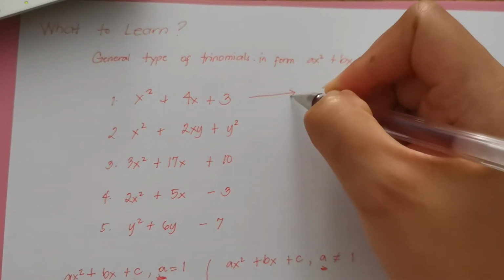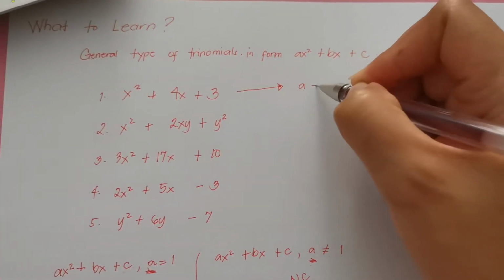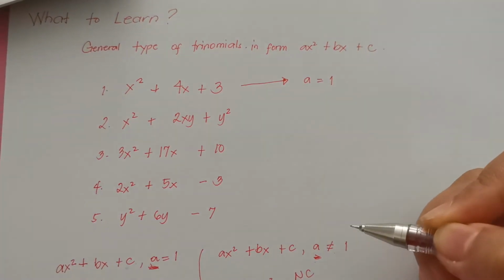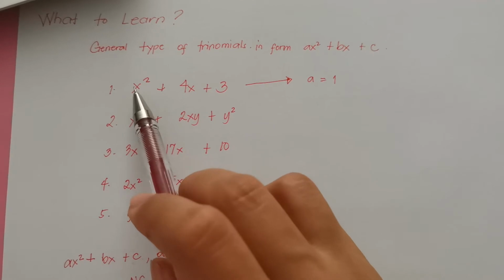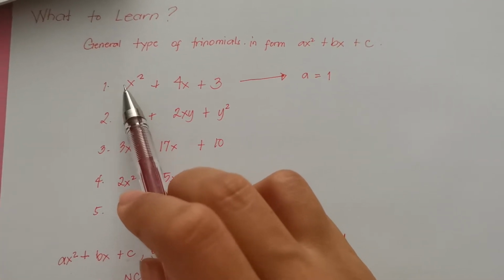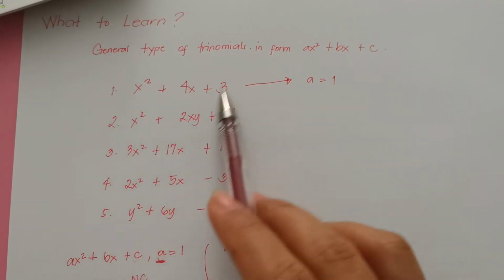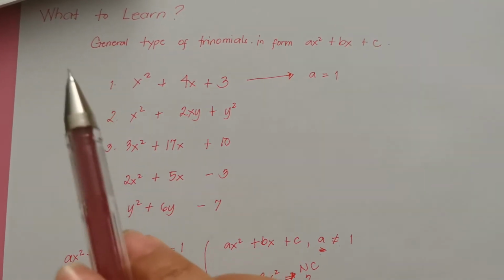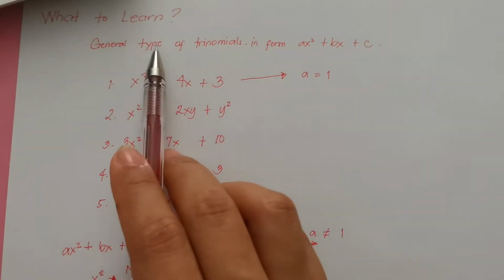See, number 1 is an example of a is equal to 1, where the numerical coefficient is 1. Remember, even if we scramble the terms of the trinomial, x squared is where you find a. Okay? Because it is general type.